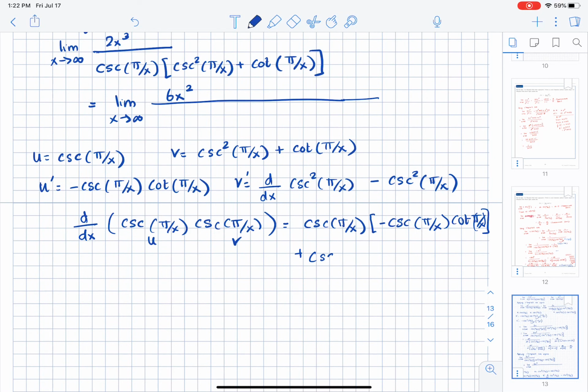Same, cosecant pi over x multiplied by negative cosecant pi over x, cotangent pi over x, which would give us negative 2 cosecant pi over x, cosecant pi over x, cotangent pi over x.